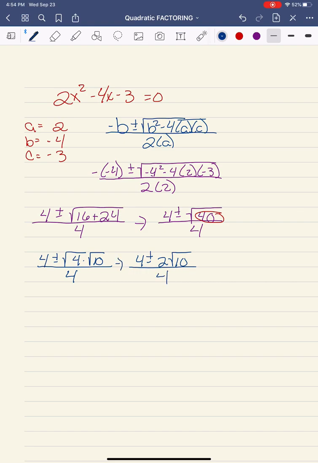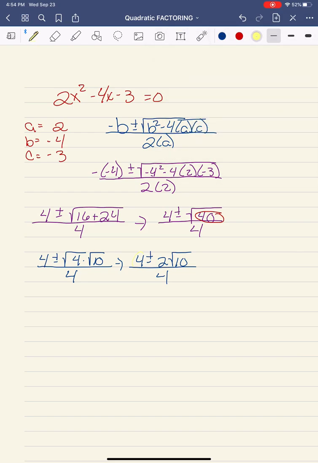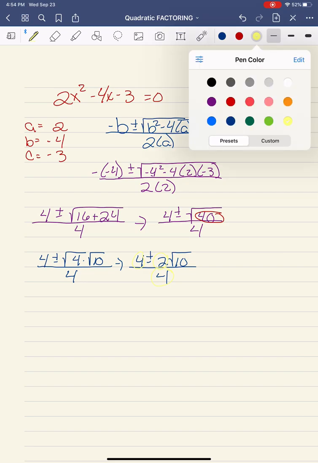Now, what if you notice there are some common values in this? If we look, and I want to choose a different color. If we look, the 4, the 2, and the 4 all have a common factor of 2. So what I'm going to do is divide them by 2. And when I do that, I can simplify my expression just a little bit.